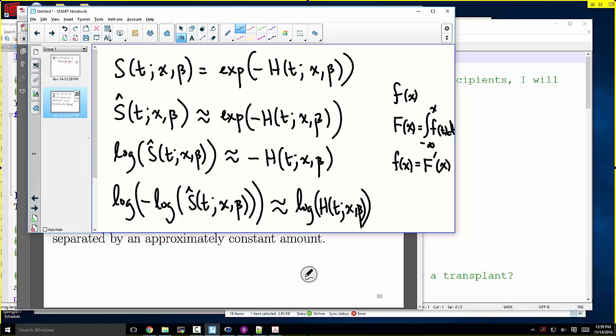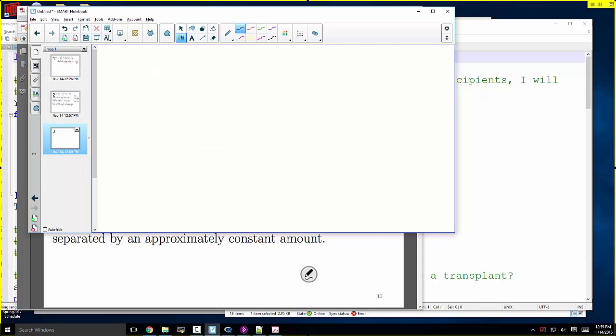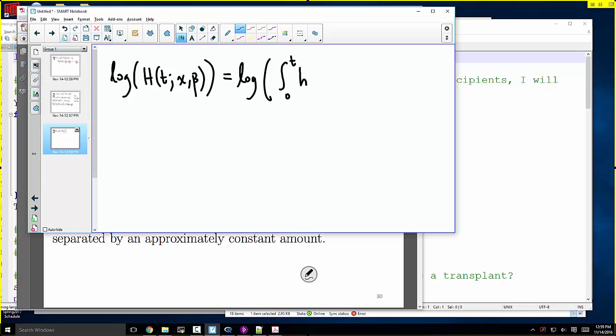What I have at the bottom of the slide here, the log cumulative hazard, x and beta, is equal to log of the integral from 0 up to t of the hazard.